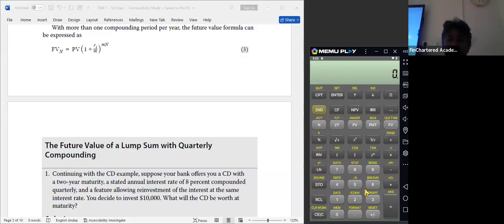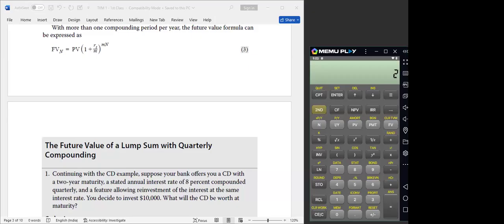Now here, your n is, as usual, 2 only. I'm using the calculator. I'll take my n as 2 only, but consider this as a small n. For each year, how many 3-month periods are there?